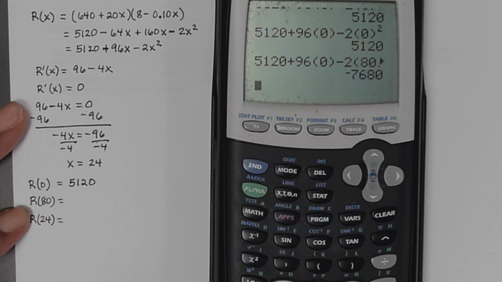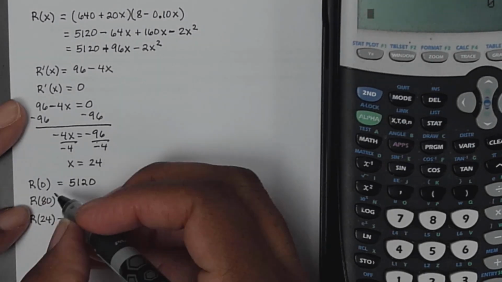Sorry, x is 80. 5120 plus 96 times 80, not 0, and then minus 2 times 80, and then squared. That would give us 0.